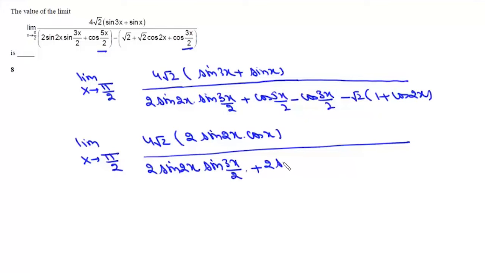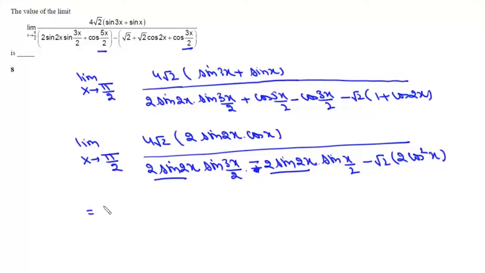So it will be 2 sine c plus d by 2, and there will be 8x upon 4, so it will be sine 2x, and then sine d minus c by 2, so there will be sine x by 2 with a minus sign. And here will be root 2 and this is 2 cos square x.